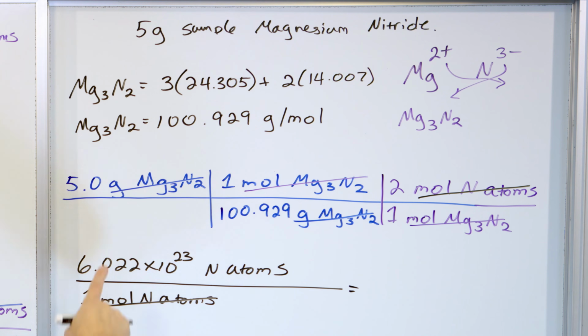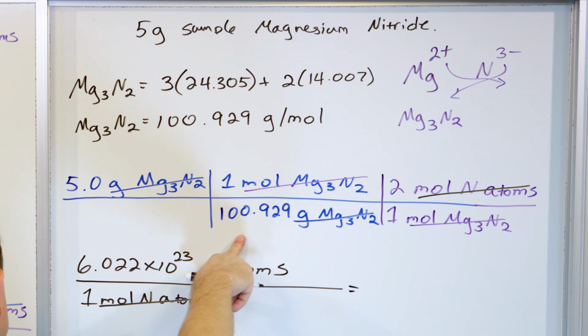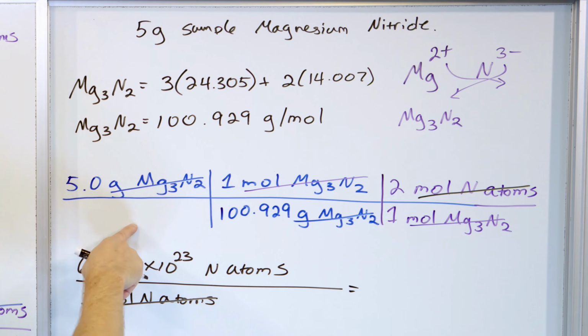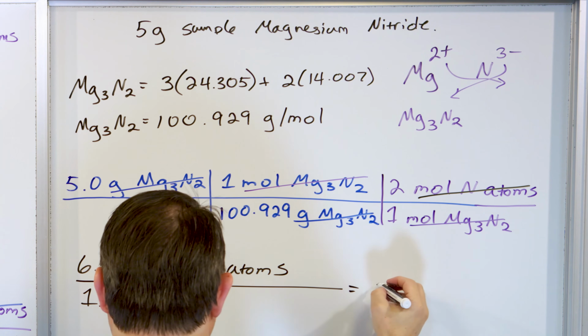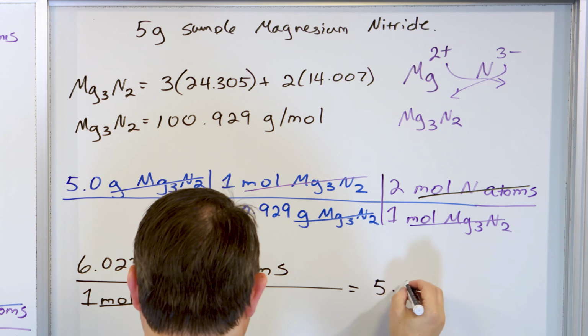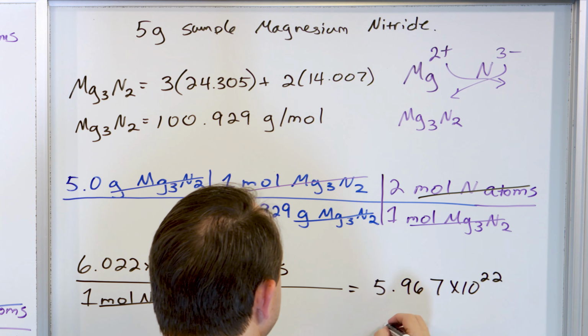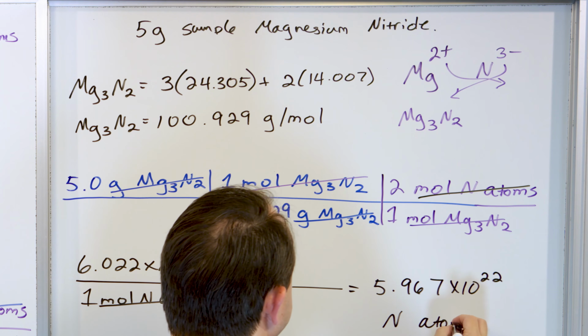If you take 5, multiply by 1, divide by 100.929, then multiply by 2, divide by 1, then multiply by 6.022 times 10 to the 23rd, divide by 1, you will get 5.967 times 10 to the 22 nitrogen atoms.